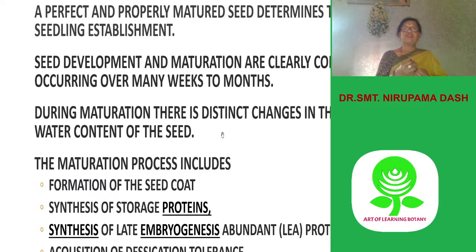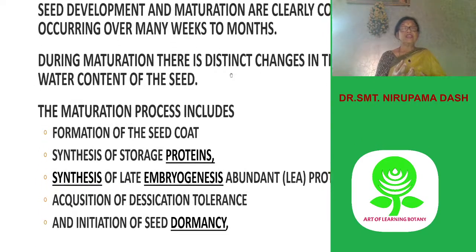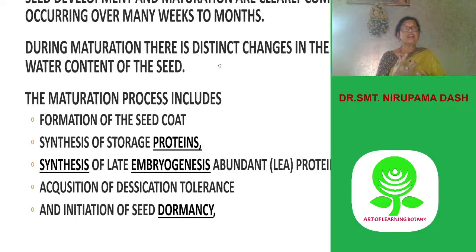Depending on the maturation, distinct changes occur in the seed, particularly in its water content. There is a loss of about 90% of water, and the maturation process includes formation of the seed coat.